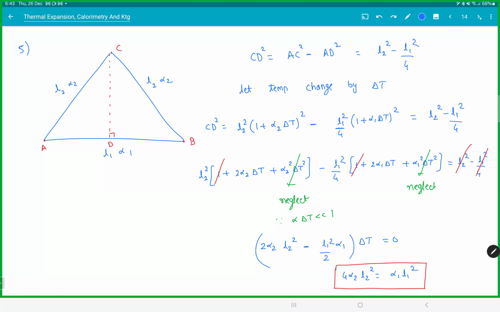Any doubts on this? All clear? Next one. Clear? Ojas, Vignajit, Sharman? Clear? Ariman? Devika? Got this? Next one.